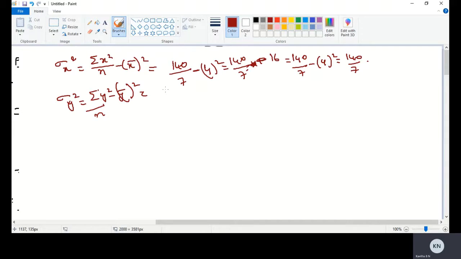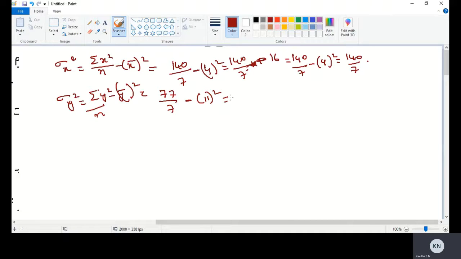The summation of y square is here 77 by 7 minus y bar, which is here 11 whole square. Simplify. Okay, what is the answer here?